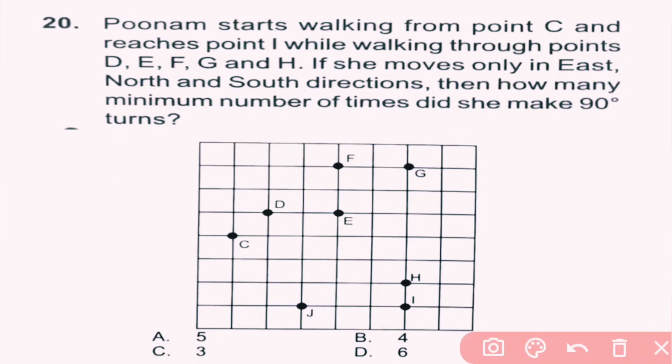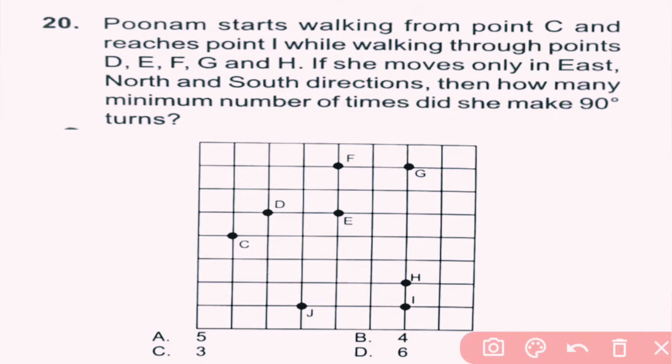Question number 20. Poonam starts walking from point C and reaches point I while walking through the points D, E, F, G, H. If she moves only in east, north and south directions, then what is the minimum number of times she made 90-degree turns?